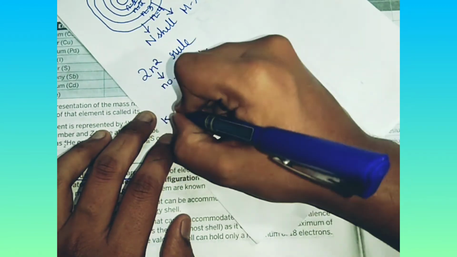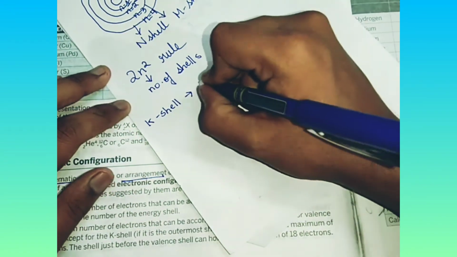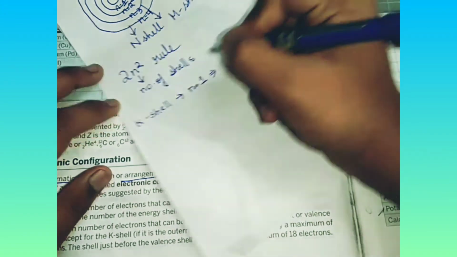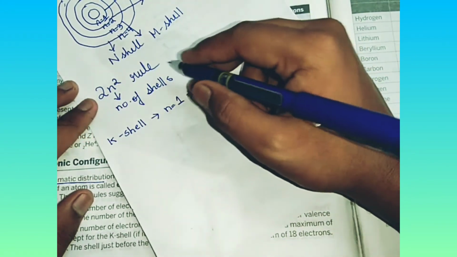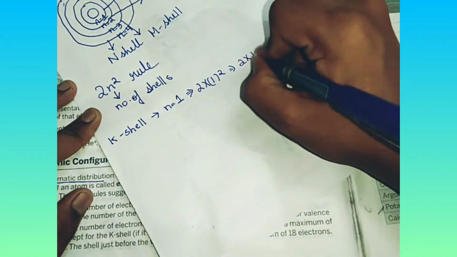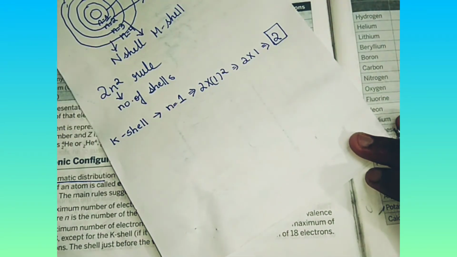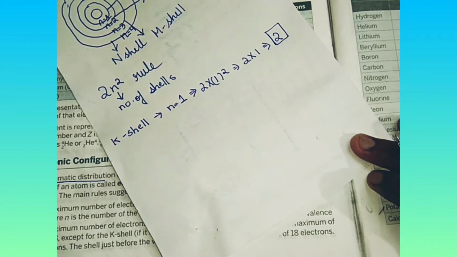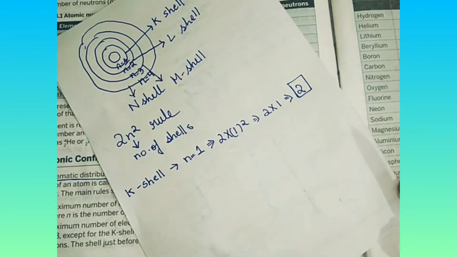When we are talking about the K shell, it is the first shell, n equals 1. Substituting the value of n as 1 in this formula, we get 2 into 1 square, which is 2, and hence the maximum number of electrons that can be accommodated in the K shell is 2. Not more than 2 can be accommodated in the K shell.